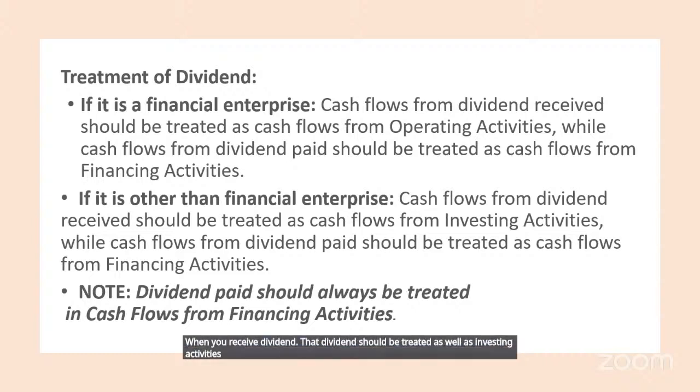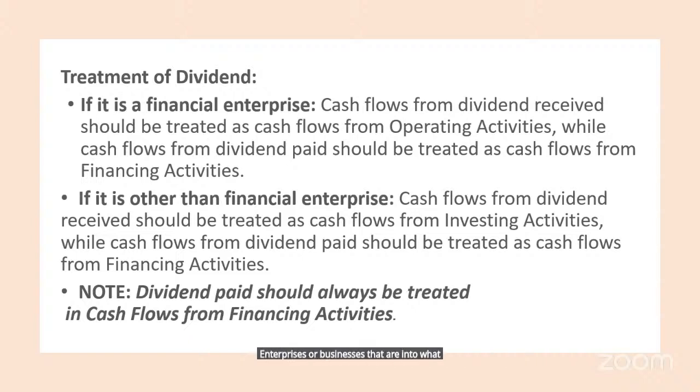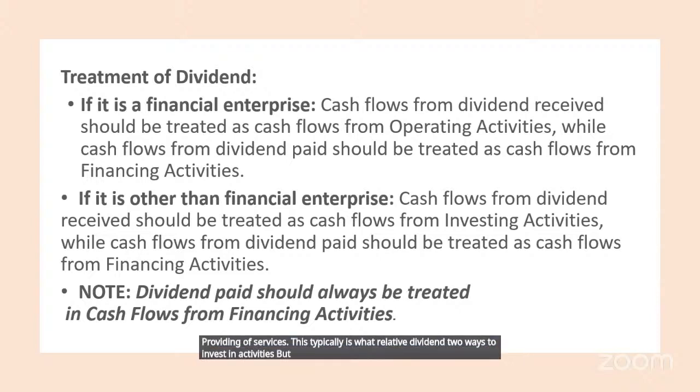These are enterprises into buying and selling of goods, or manufacturing, providing of services. When they receive dividend, it is an investing activity. But if they pay dividend, that dividend should be treated as cash flow from financing activities. Note, dividend paid should always be treated in cash flow from financing activities. It's just additional information for you to note.